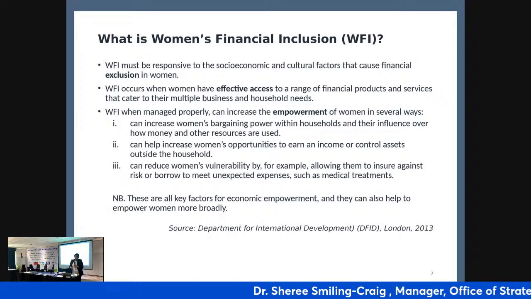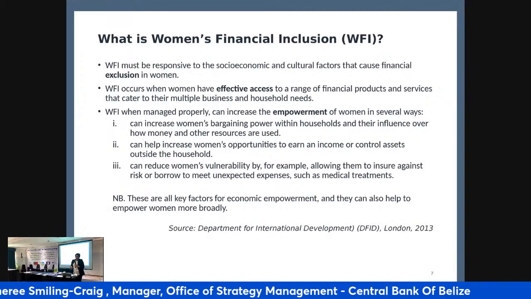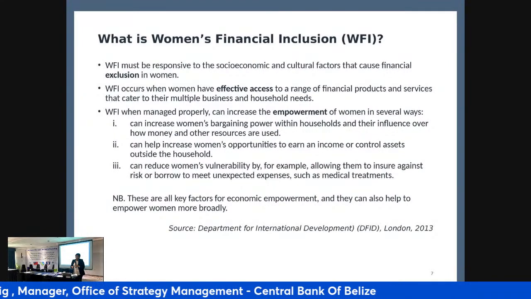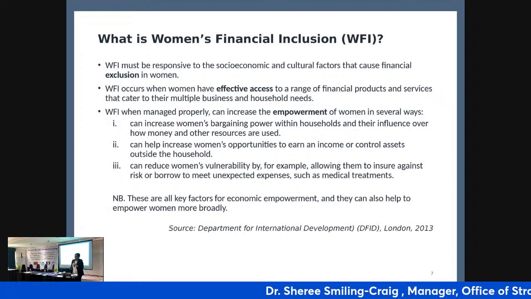It can increase bargaining power. It can help increase opportunities to earn more. And it can reduce your vulnerability when you know what your needs are and what your rights are when it comes to accessing financial services.